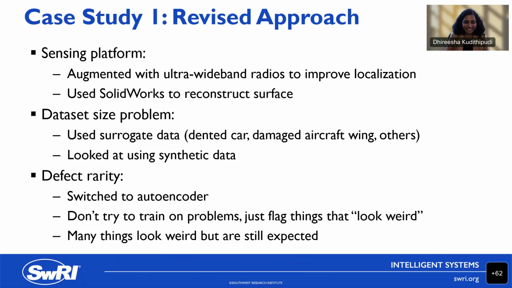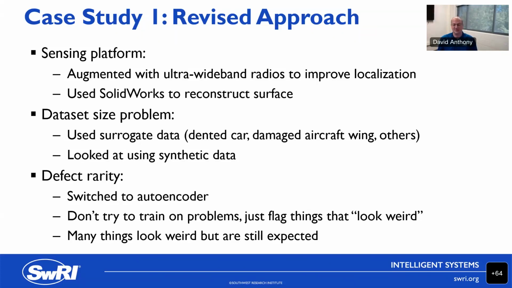Yeah. So the highlights of this: what we ended up really solving this problem with was, after we tried using a bunch of surrogate data, we realized that it is almost impossible to simulate all the damage that can occur to these things in real life. After an enormous effort trying to augment the data and find other examples of damaged surfaces, it still wasn't working well enough.